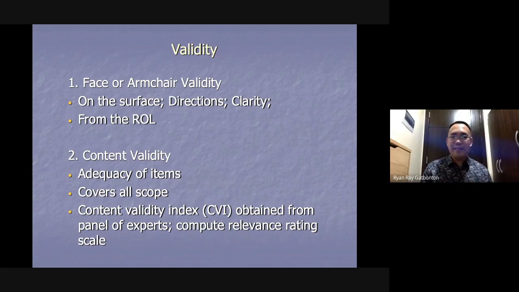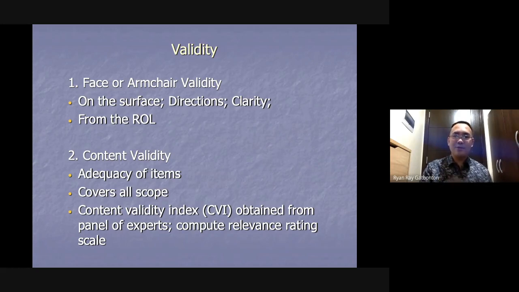Another type of validity is yung tinatawag na content validity. When we say content validity, it refers to the adequacy of the items inside your questionnaire or instrument. Now, the adequacy of items should cover all the scope of your construct that you are measuring.